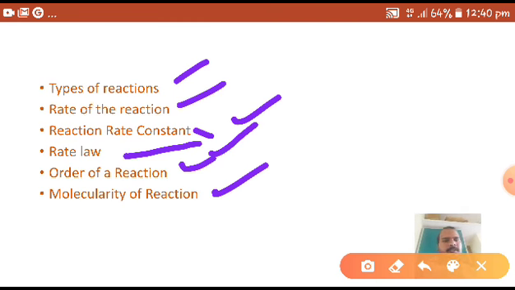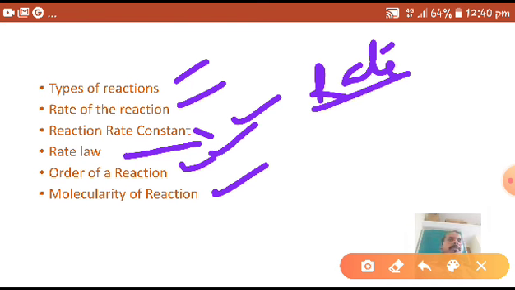In the previous video of introduction to chemical kinetics, I tried to explain the basic concepts of chemical kinetics, especially types of reactions based on their speed, that is the rate of the reaction, the definition of rate of the reaction, and a few solved problems on the rate of the reaction.